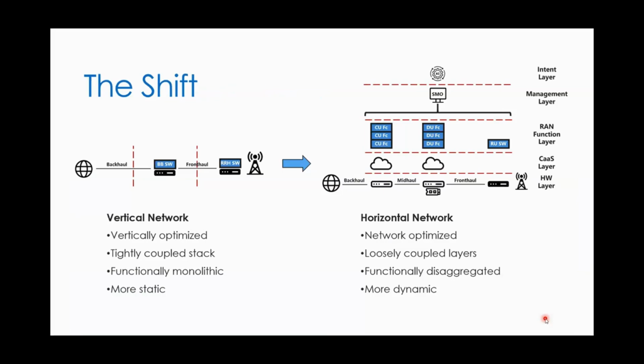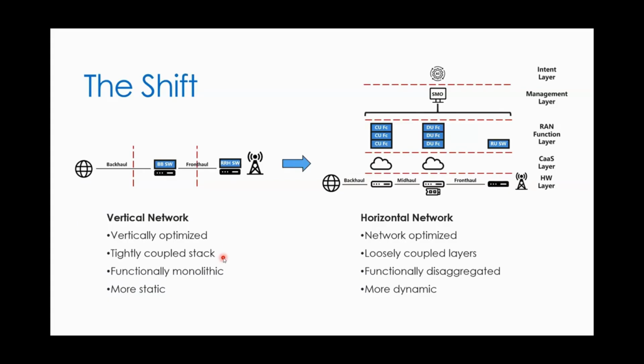So the shift. Sometimes you'll hear a discussion of the network moving from a vertical model to a horizontal model. And really what that means is in the historic point of view, things were vertically optimized. By vertically, you can think of, I have my RAN software, my RAN operating system and my RAN hardware, and those are tightly integrated and optimized so that the RAN function works as well as it can.